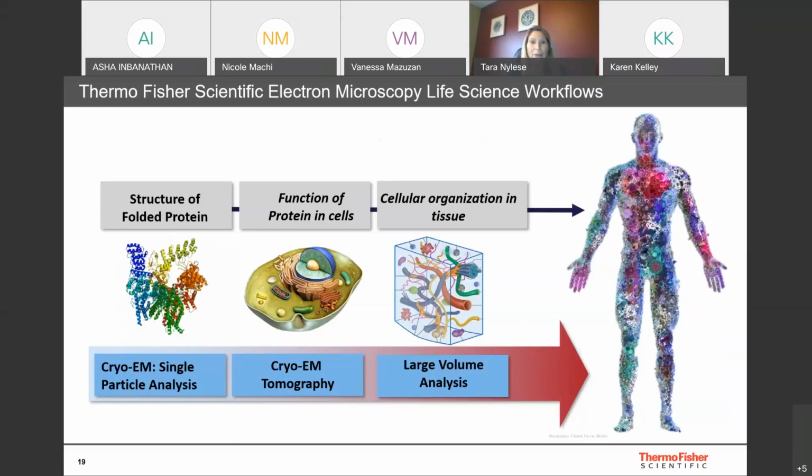And we could even use that in tomography so that we get some contextual view of how the proteins interact with the cellular components. But when we move over to large volume analysis on the right, we're able to actually visualize the larger volume of ultrastructure and look at the context of how each component interacts with other components in the tissue.